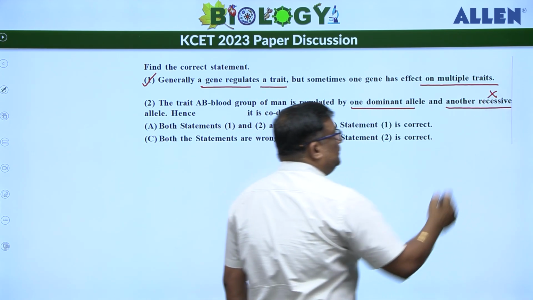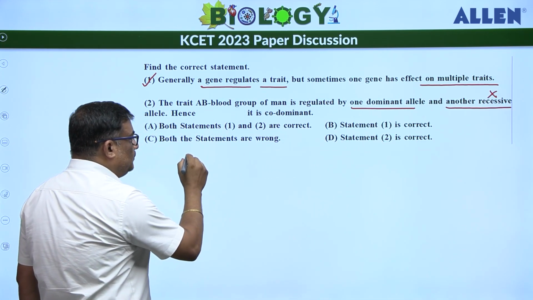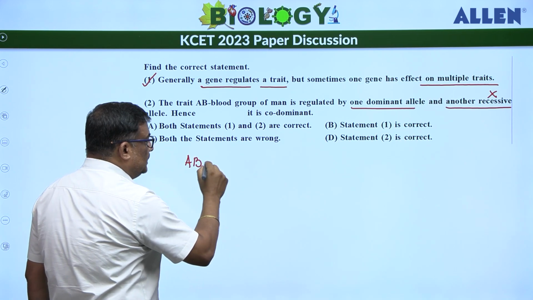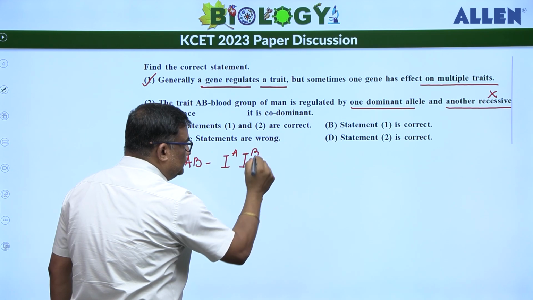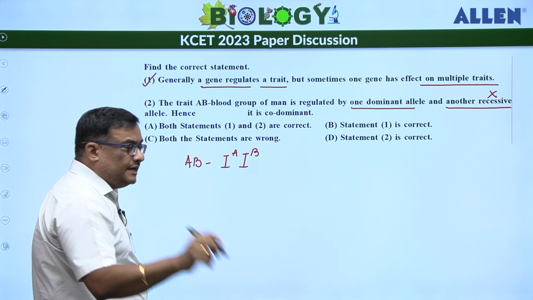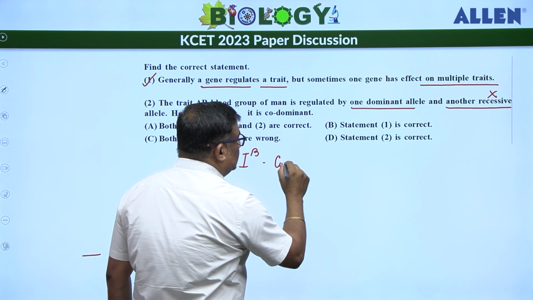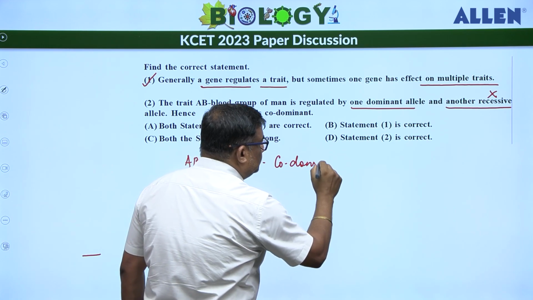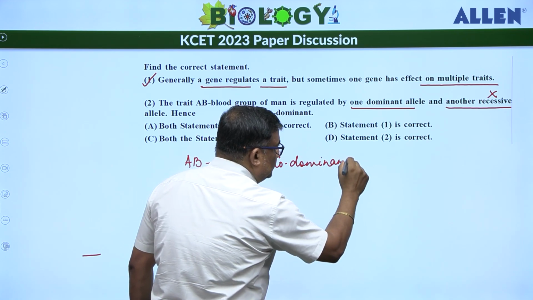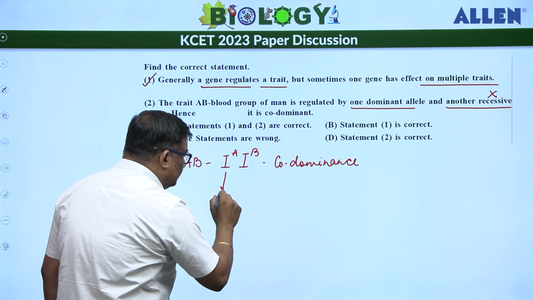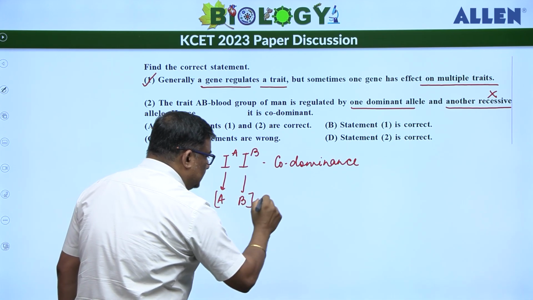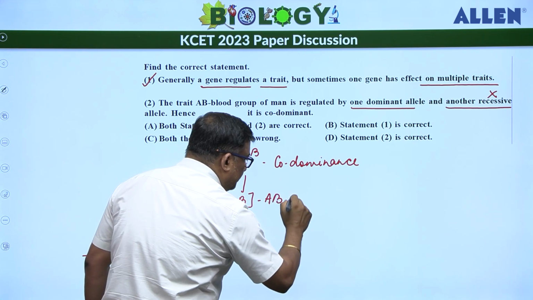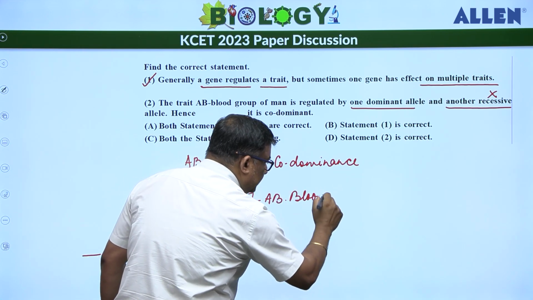When you look at the AB blood group, it is going to be denoted by IA and IB. And this is the classical case of codominance. Hence, this will give A and this will give you B. Hence, you call it as an AB blood group system.